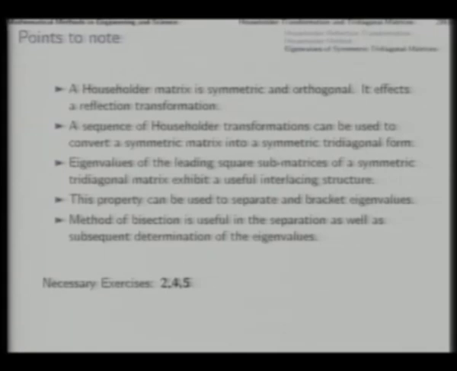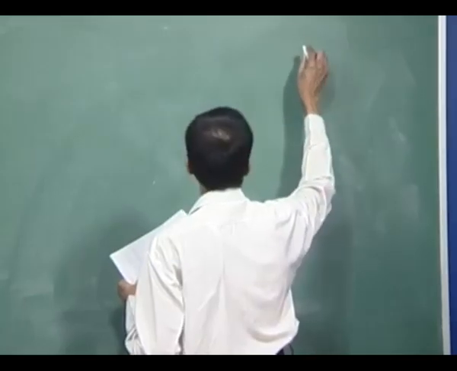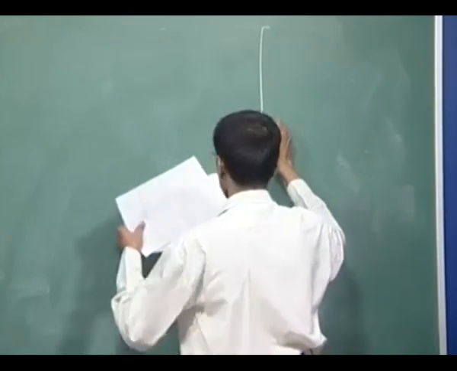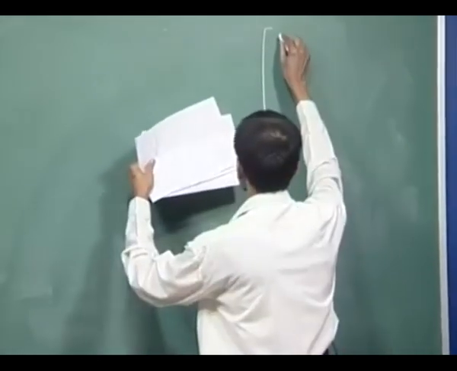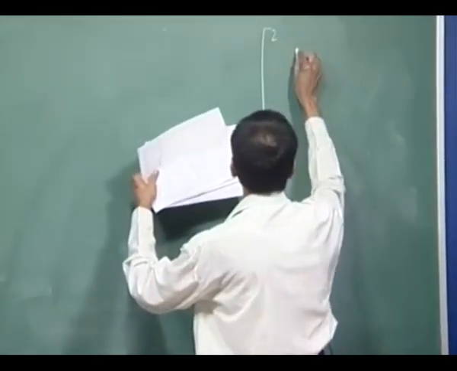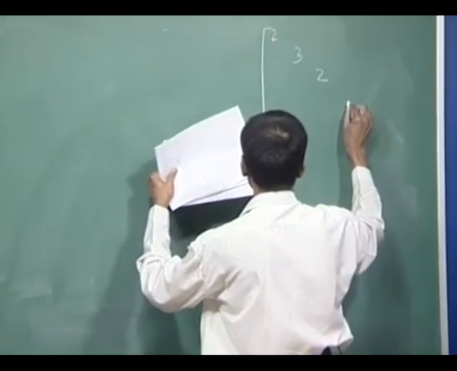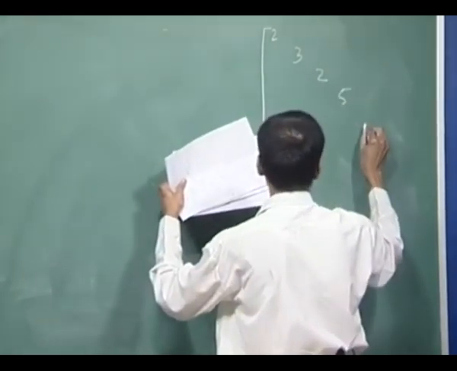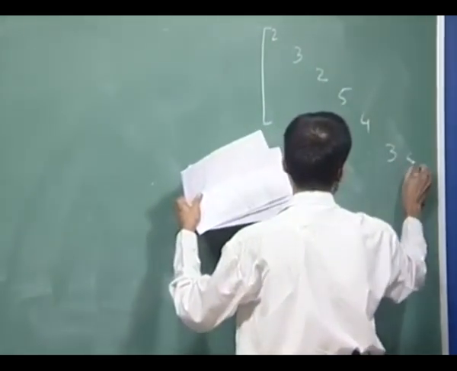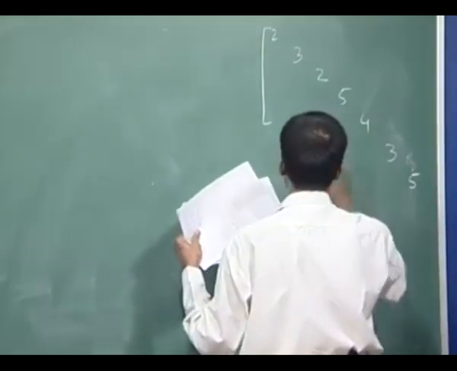So, we have a little time in hand. So, let us consider a quick example at least halfway, after which you can proceed on that example. Suppose we have got this matrix, 7 by 7 matrix.